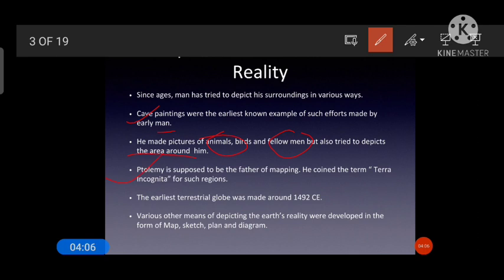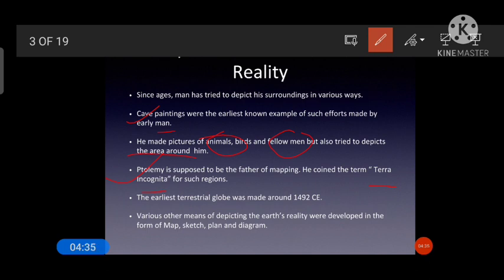Ptolemy is supposed to be the father of map making, or he is also called the father of map making. He coined the term terra incognita. It's not mentioned here. Terra incognita means undiscovered land, an area which is not yet discovered.